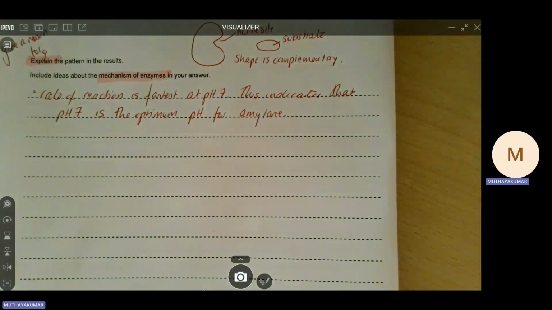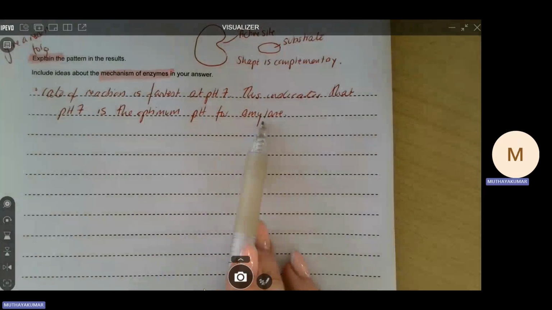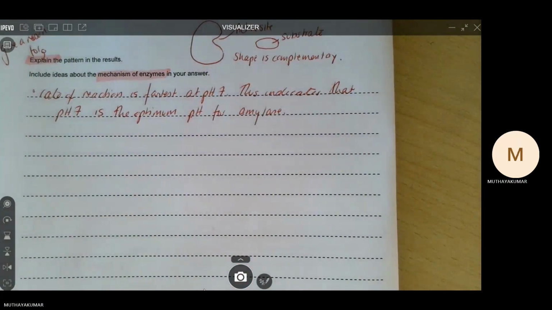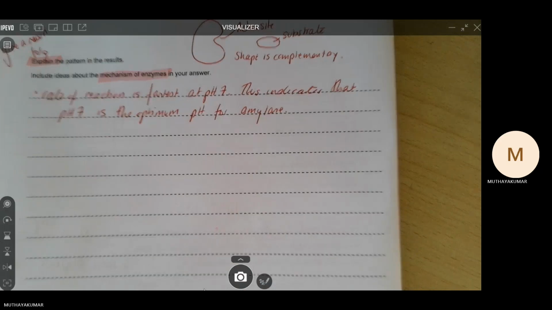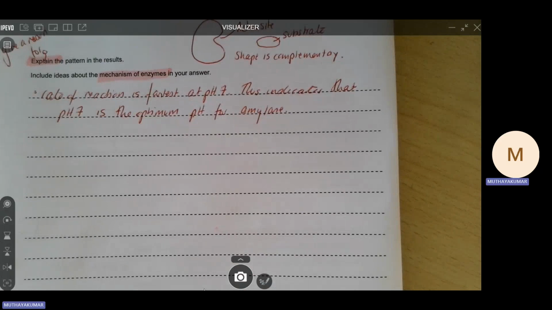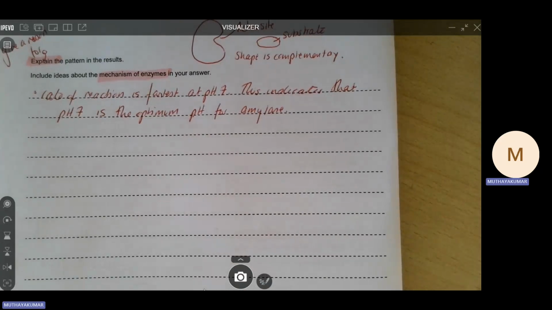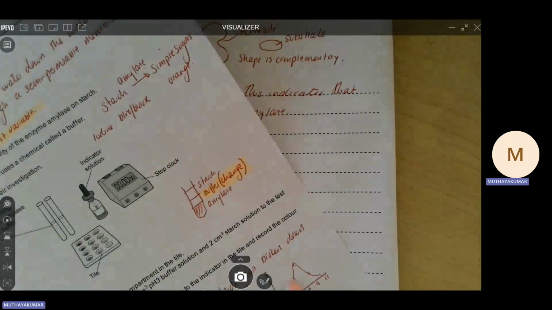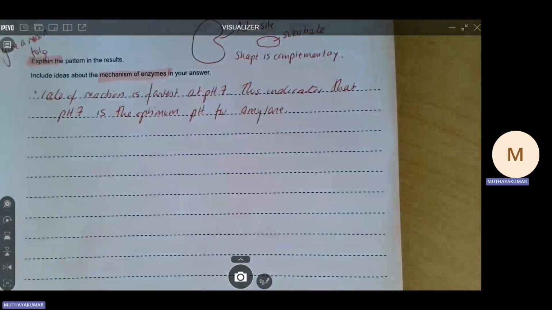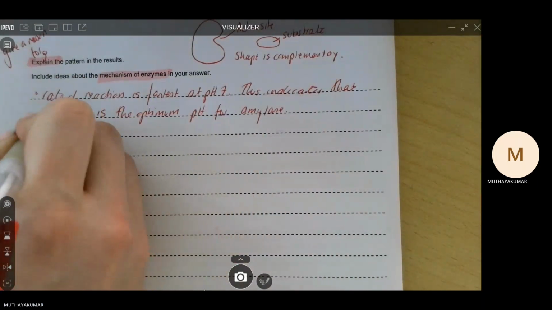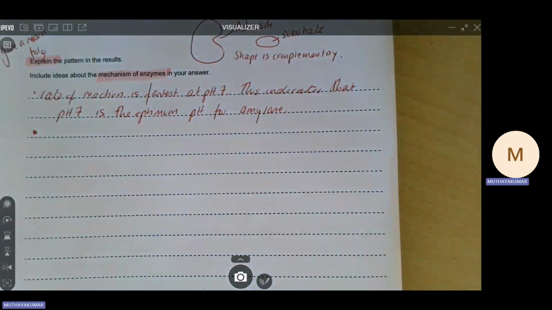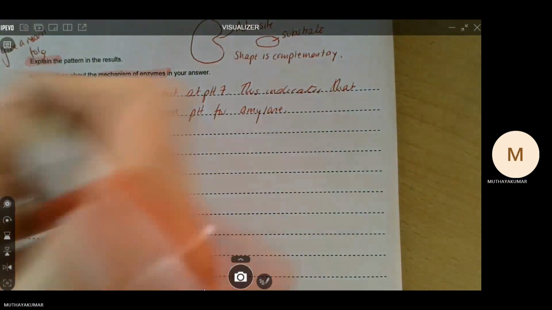Okay, so I've talked about where it happens at the quickest. I'm then going to also bring in the fact that the rate of reaction slowed on either side of pH 7. Notice I've got bullet points because I'm spacing out my answer into separate little bits.